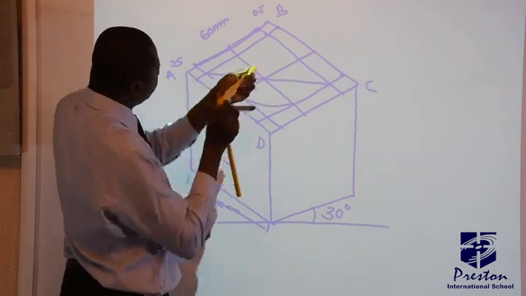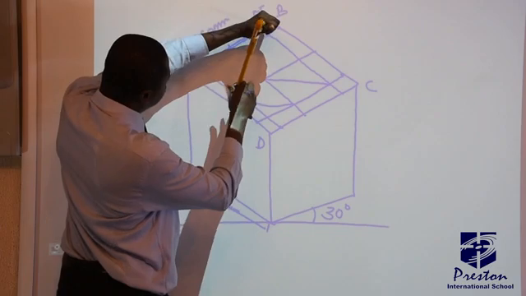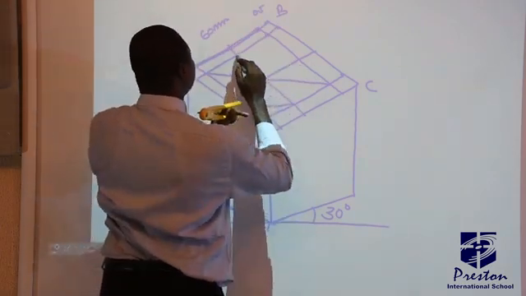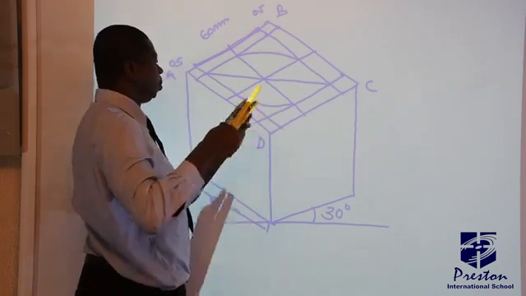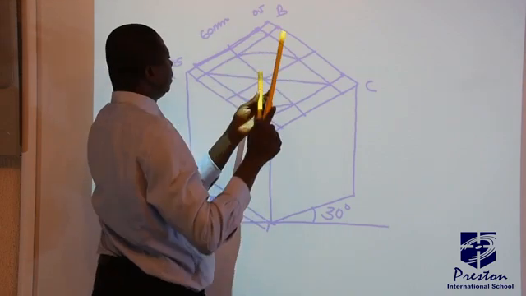That means the dimension you're going to use is from here to here. Just place the compass end here, then reverse it again, with the same dimension, and connect these two points. That means place it here, then drag it to one end and draw it.